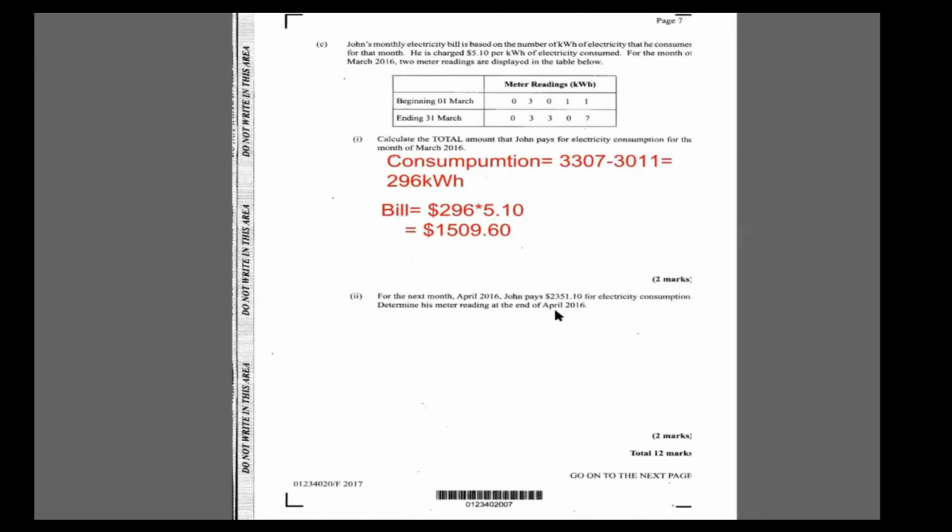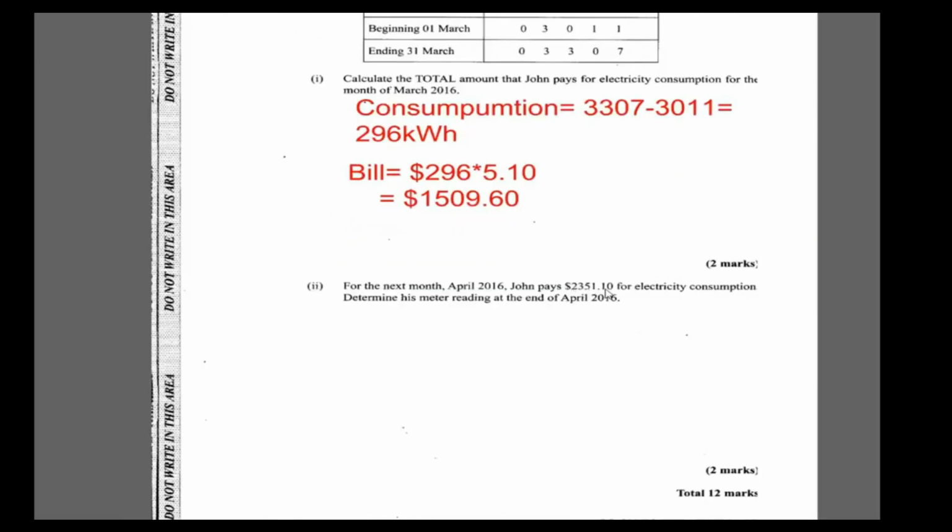Now, for the next month, April, John pays $2,351.10 for electricity consumption. Determine his meter reading at the end of the month. Now, if he pays this amount, we can then find out how many kilowatts he burned for the month. So we can let N be the amount of kilowatts John burned.